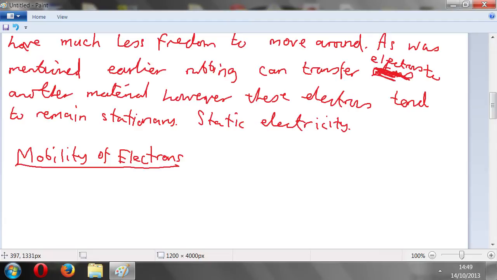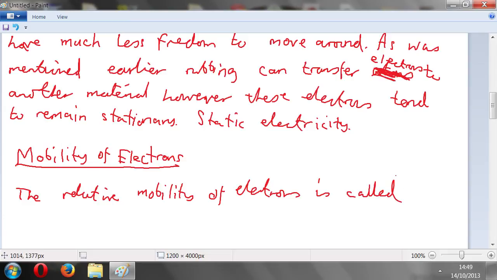The relative mobility of electrons is called electrical conductivity.